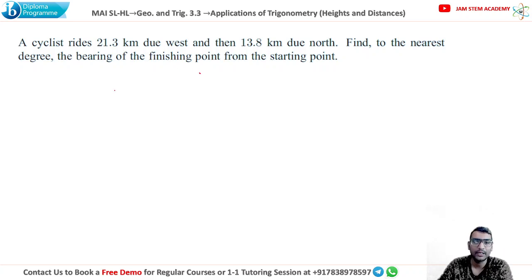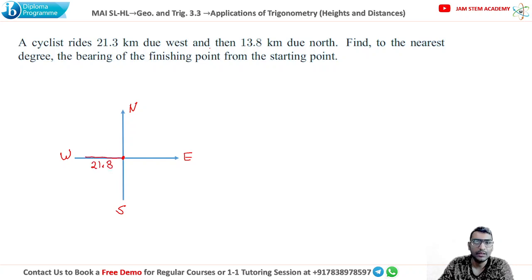Let's draw a diagram for this. Consider this is east, west, north and south. The cyclist starts from here and rides 21.3 kilometers due west, so this distance is 21.3 kilometers.